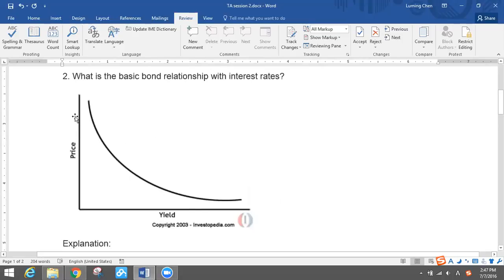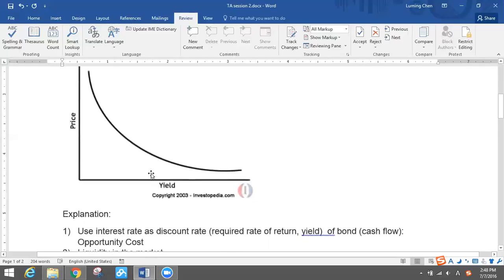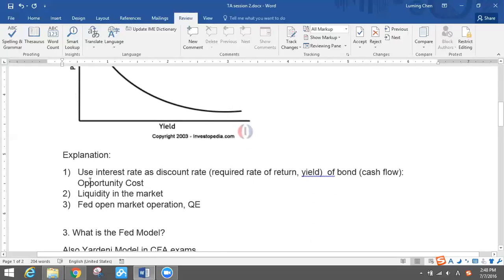By the way, the tangent line we call the duration, which is the first derivative, and the curvature we call convexity, which is the duration's sensitivity to the yield, which is the second derivative of price on yield. So why is the curve like this?